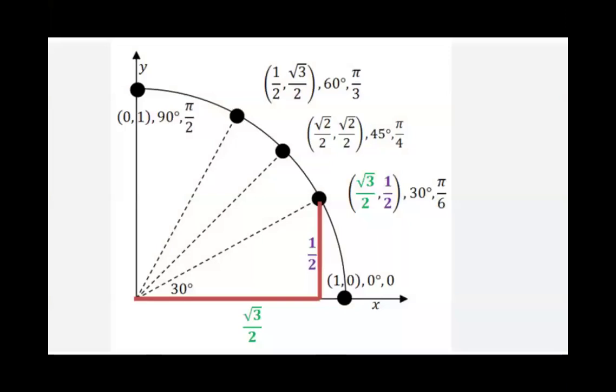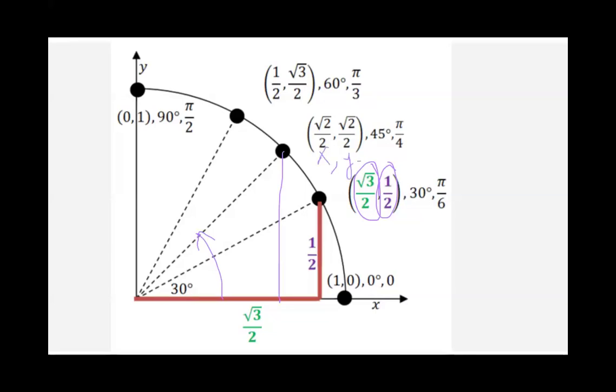Okay, so this is the first quadrant. If you can get the first quadrant, you're going to be good to go on all of it. The sine of 30 is 1/2, so the y value is 1/2. The cosine of 30 is square root of 3/2, so the x value is square root of 3/2. For 45 degrees, square root of 2/2 is your cosine and square root of 2/2 is your sine, so that's your x and your y.